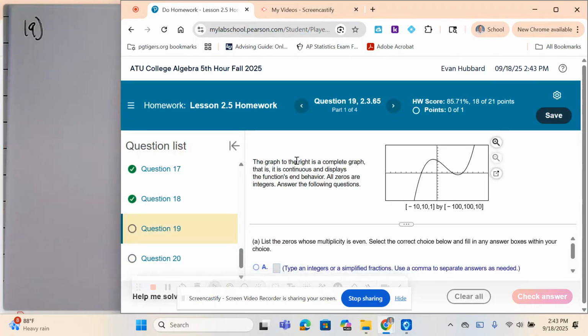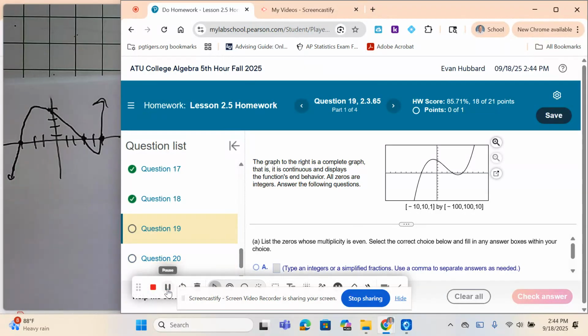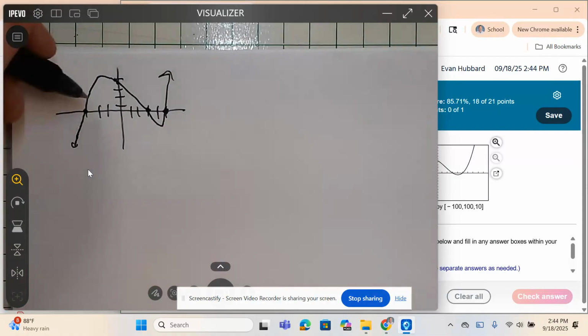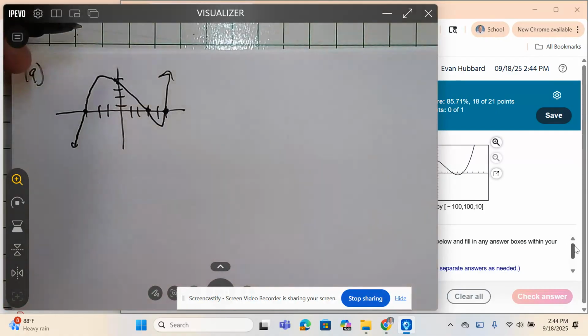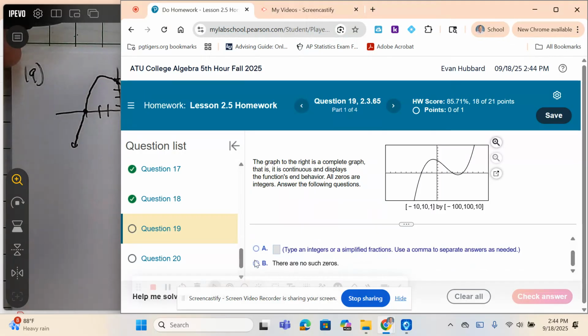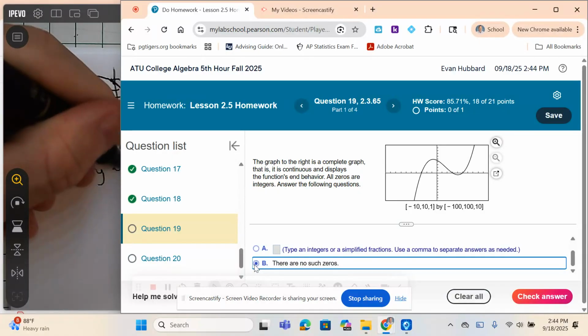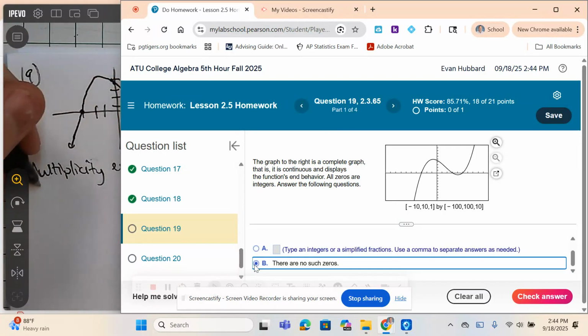The graph on the right is a complete graph that's continuous and displays all the end behavior and all the zeros and integers. Answer the following question. List the zeros whose multiplicity is even. Well, here's the thing. There are none, because they all cross the x-axis. So there are no such zeros.